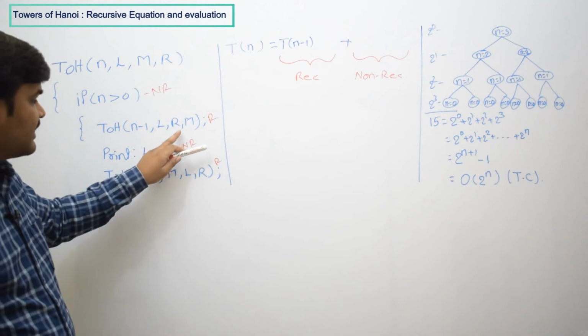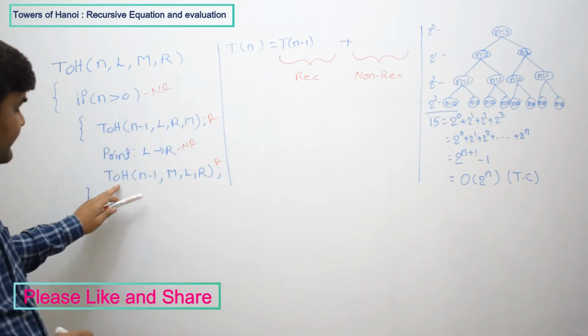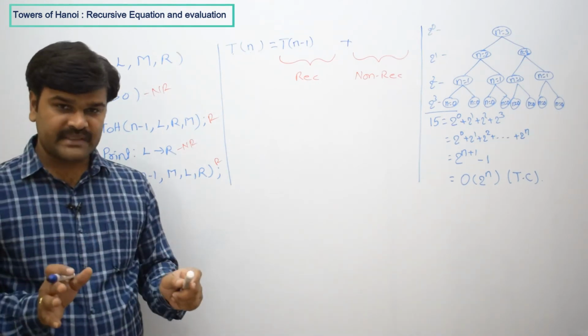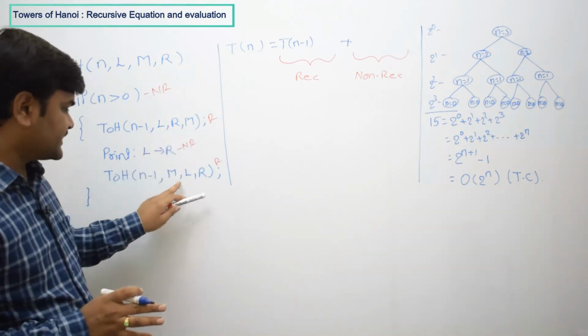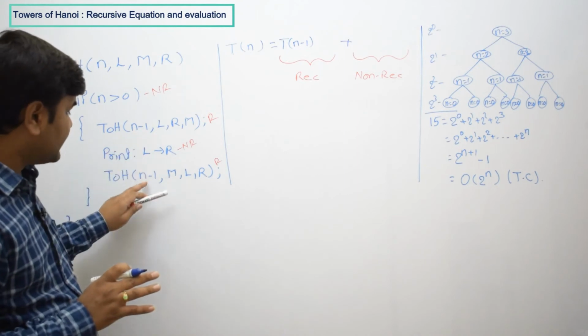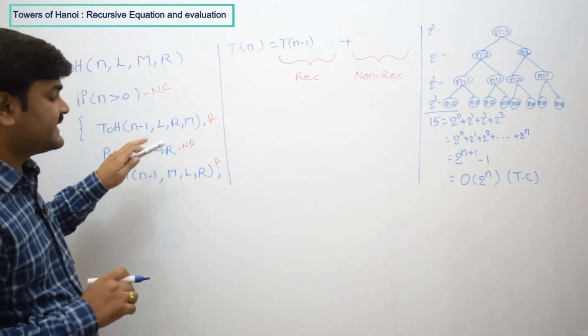That means we covered this statement in the recursive equation. Now in the same way you can check here also. See, here we are finding the time complexity. Whatever the order of these three inputs, the total time depends on this N value, so here it is N and here it is N minus 1.